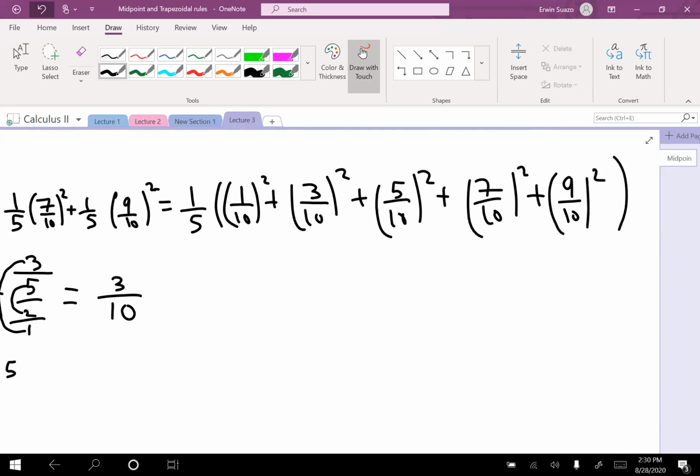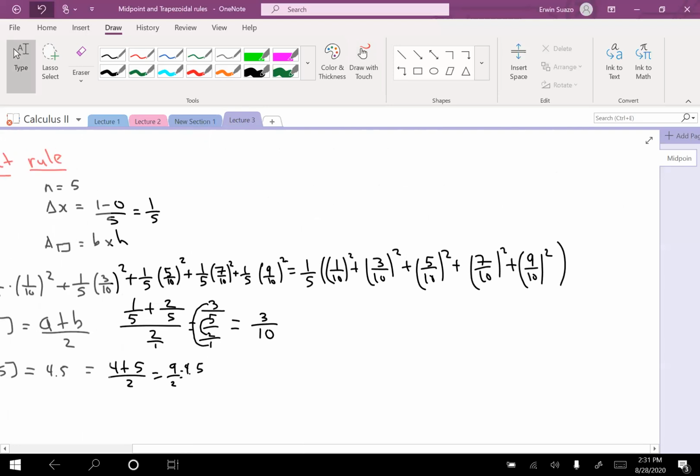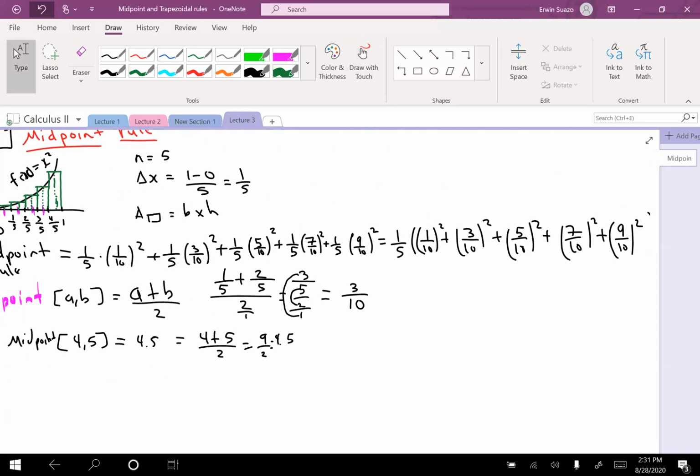And when you put this in the calculator, that will be your approximation. Okay, so let's compare with the book.